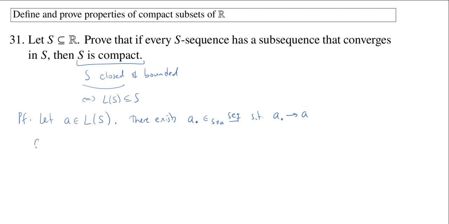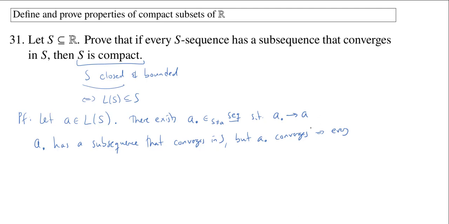So a dot has a subsequence that converges in S, but a dot itself converges, which implies in fact it converges to a.